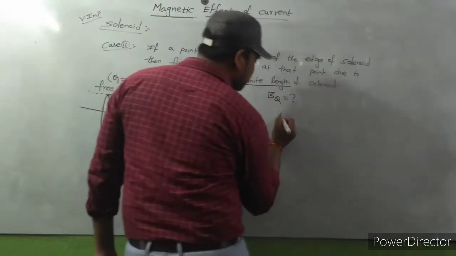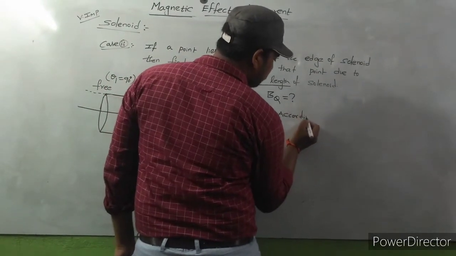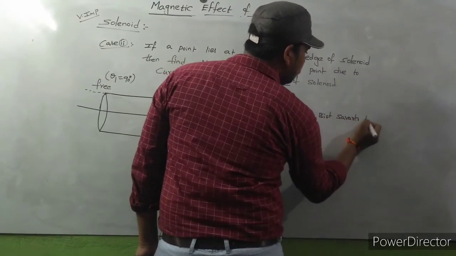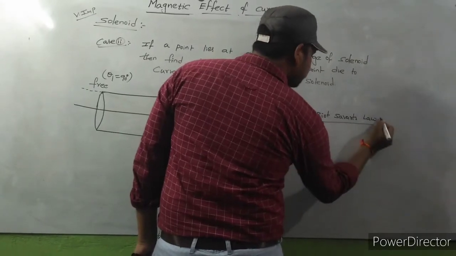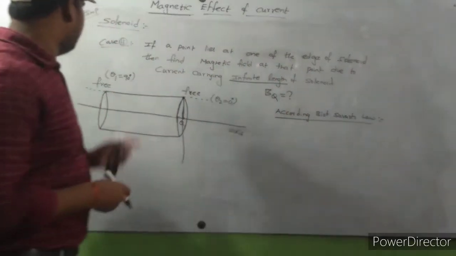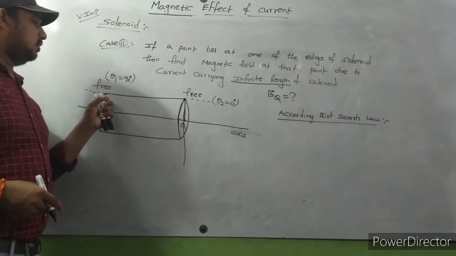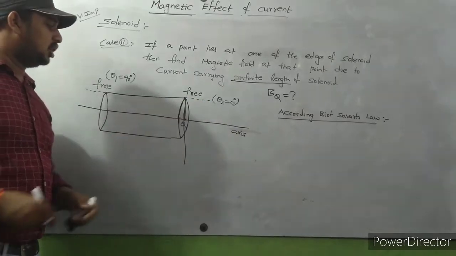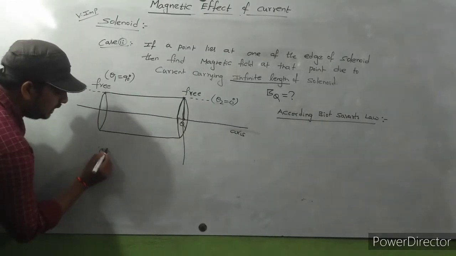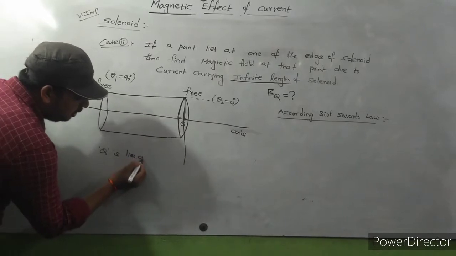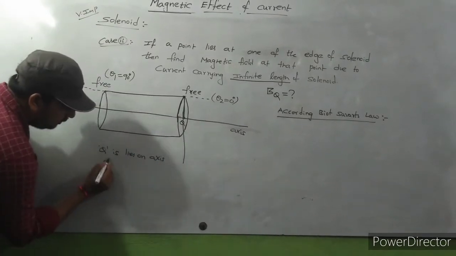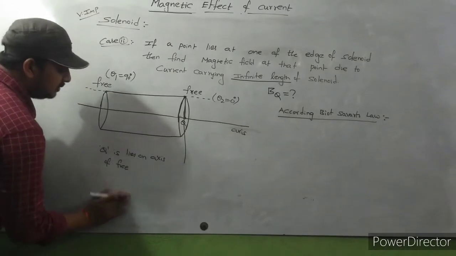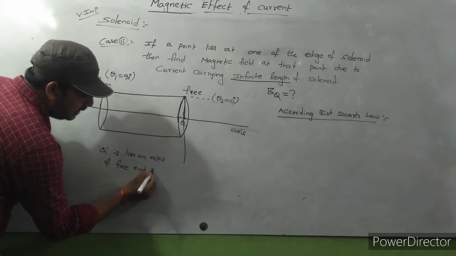Whenever the point lies on the axis of this free end, that's why we take theta 2 is equal to 0. Now, according to Biot-Savart's law, this is a free end, theta 1 is equal to 90 degrees, and here theta 2 is equal to 0 degrees. Why is it 0 degrees? Because Q lies on the axis of free end 2.